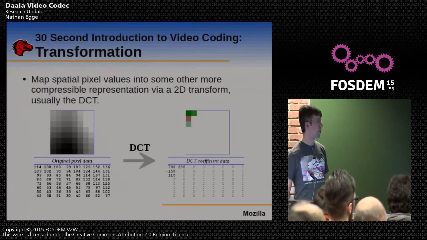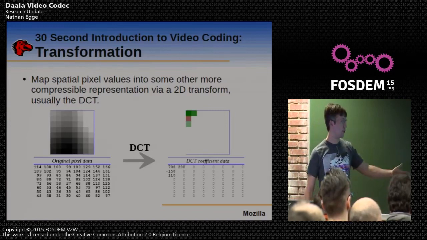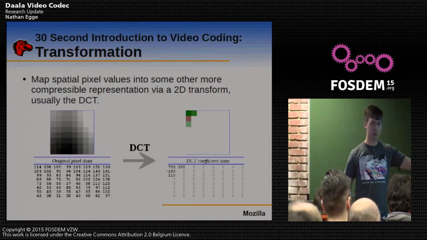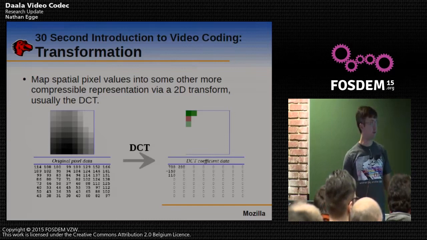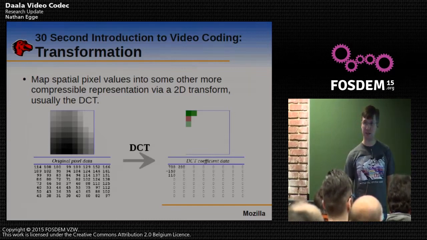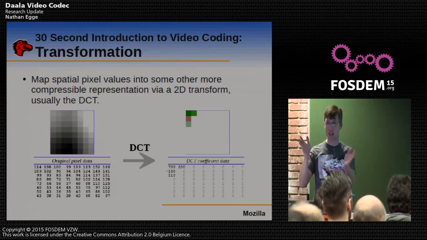We do transformation, so most codecs use a 2D DCT, which takes some spatial domain or image information, image pixels, applies the transform into a more sparse domain, keeps just the highest coefficients, and uses those as what it codes. This gives us also great compression, and is responsible for some of the blocky edges you see in codecs like JPEG.